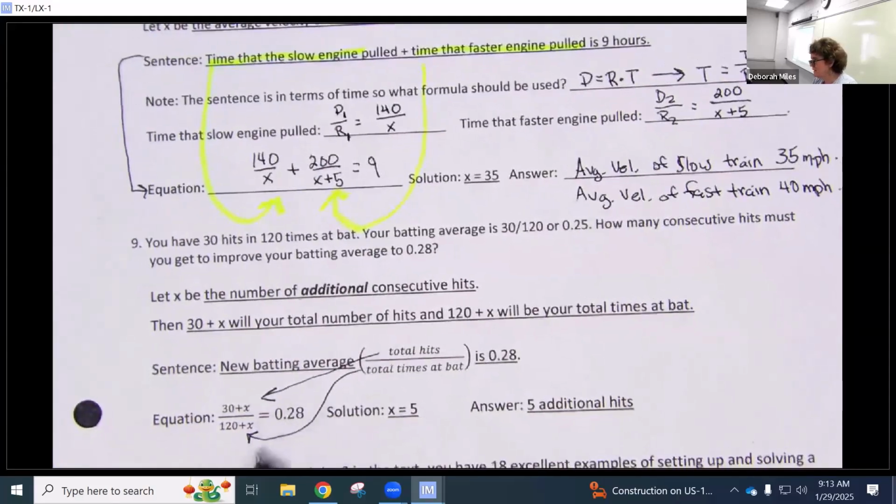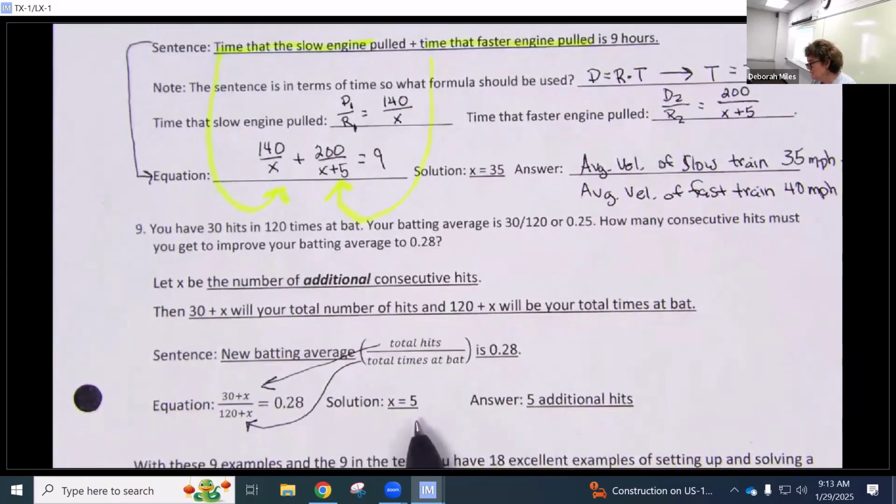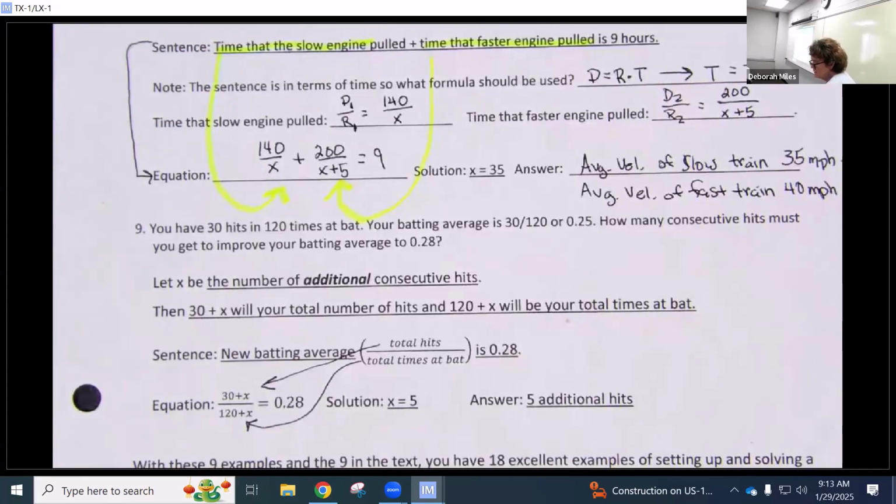That's the equation you're solving. You come up with X equals 5. And that 5 is how many more times in a row you have to hit the ball in order to get that batting average up to 0.28.